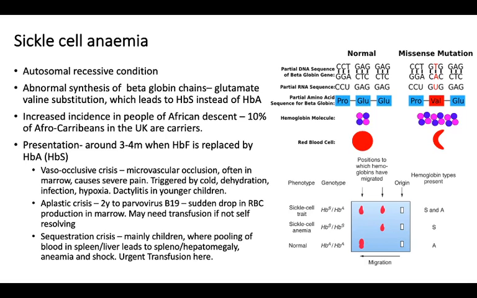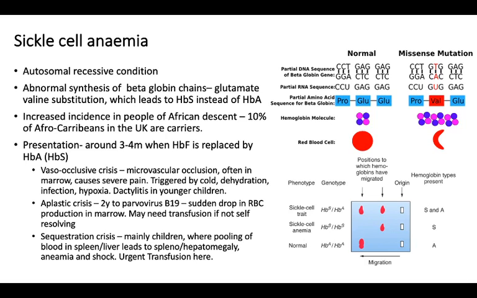This is an autosomal recessive condition in which there is an abnormal synthesis of beta globin chains. Adult hemoglobin has 4 globin chains, 2 alpha, 2 beta, so it's alpha 2, beta 2. That's HbA, which is the adult hemoglobin.